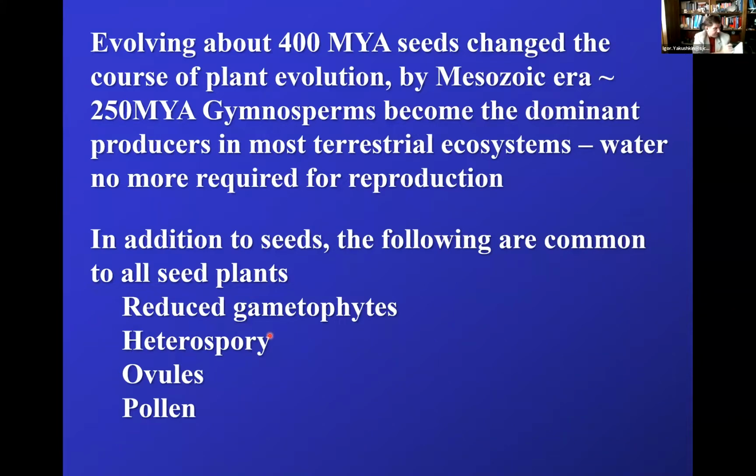So that one is homosporous. Some of the ferns, especially the club mosses, will be homosporous, meaning the spores are about the same size. Now, later on, we start seeing heterospory.